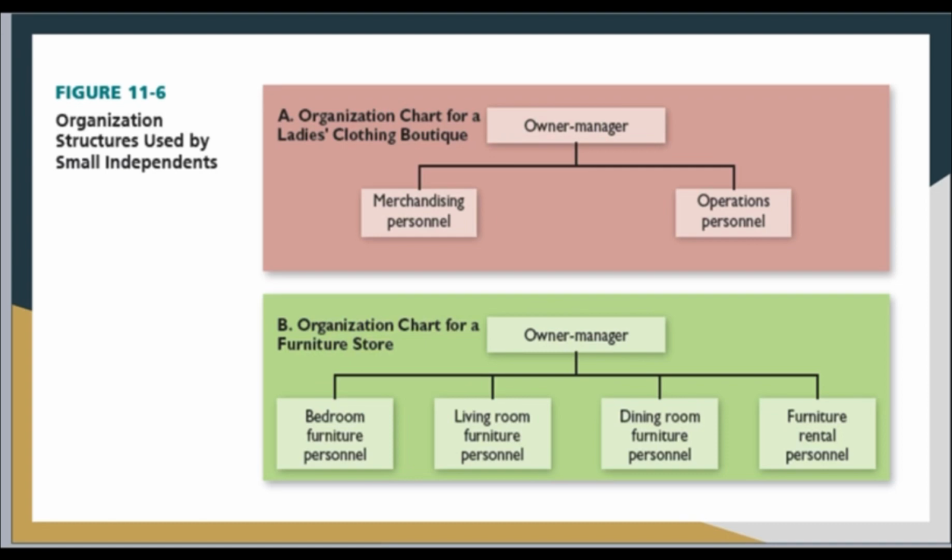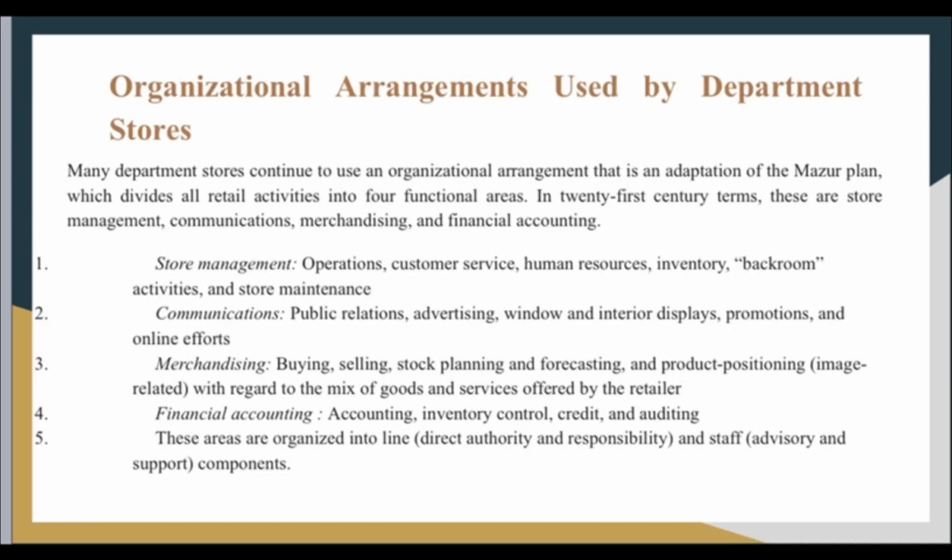The second is the organization chart for a furniture store: owner manager, bedroom furniture personnel, living room furniture personnel, dining room furniture personnel, and furniture rental personnel. Here the focus is on very few employees with little or no specialization, but they perform their duties very effectively.